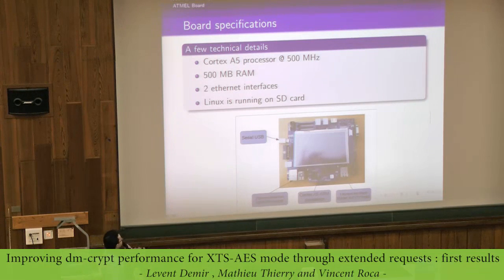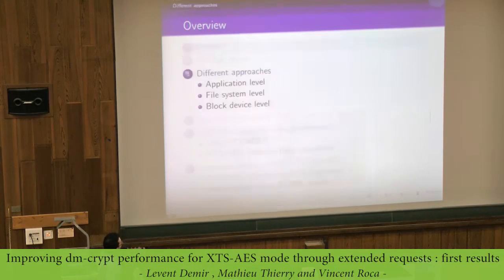About this board, it is a Cortex-A5 ARM processor, and Linux is running on an SD card. So if you have understood, there is a global system, but in this presentation, we will focus on encryption on this board, and we will forget the client and the cloud for now. For now, all is done locally inside the SD card.